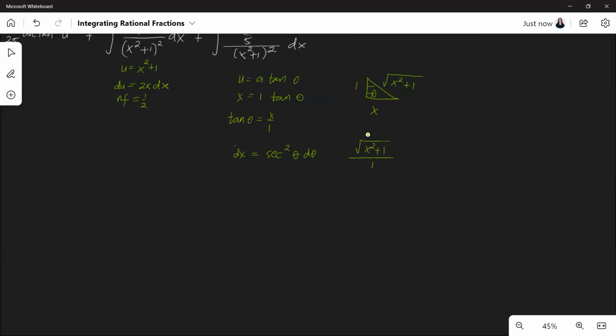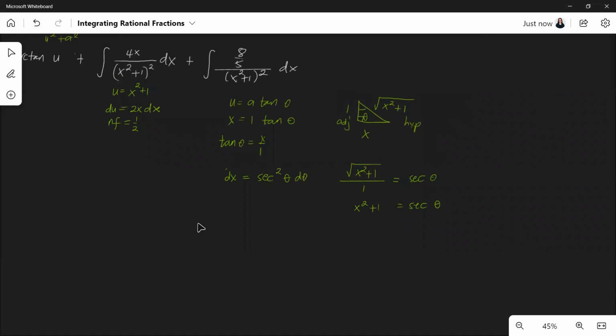That's hypotenuse over adjacent side, which would be equal to secant theta. So if we square the entire equation, x squared plus 1 equals secant squared theta. Okay, so we can use that to transform this into integrable form.